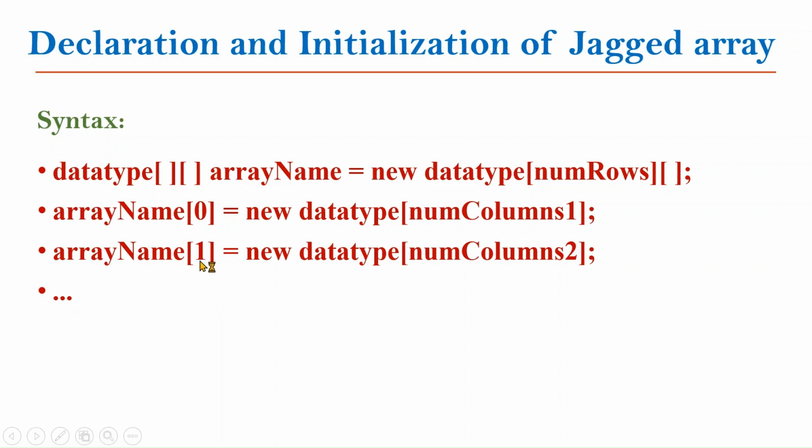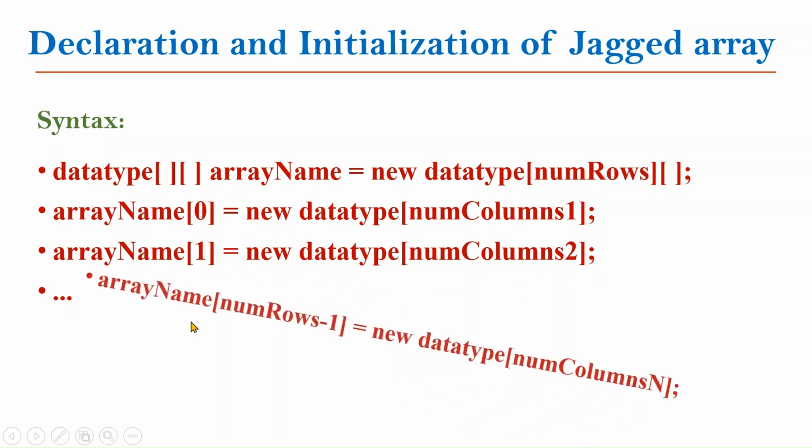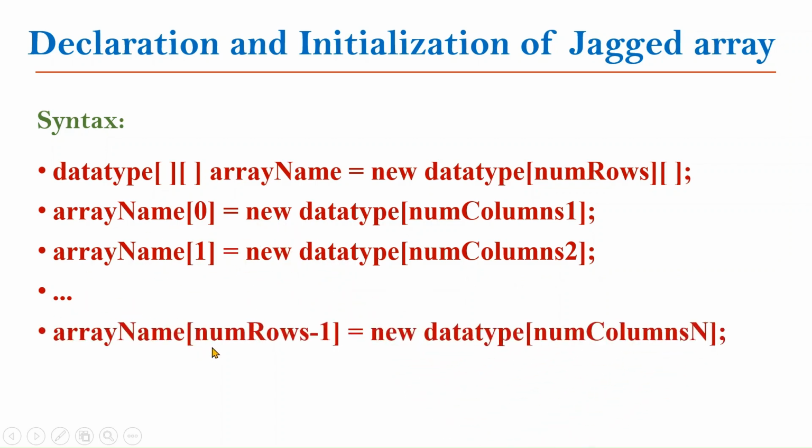Next, row index number 1 needs to hold how many columns. Like that, for every row you need to define. Now here, row n, the number of rows minus 1. Suppose you write 3 here, the index number will become 2. Again, assignment operator, new data type, number of columns.